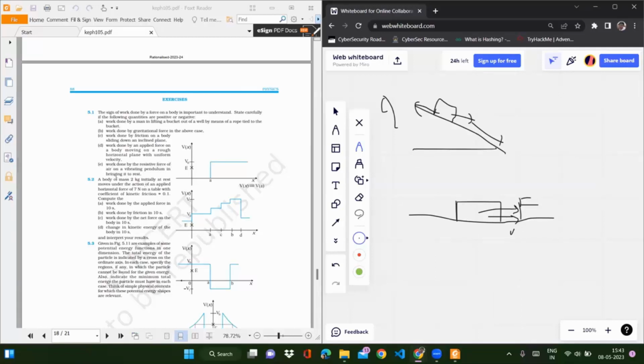Now, work done by the resistive force of air on a vibrating pendulum in bringing it to rest. So in part E, it is asked that there is a pendulum, and it is vibrating, means it is oscillating like this, and there is a resistive force of the air.